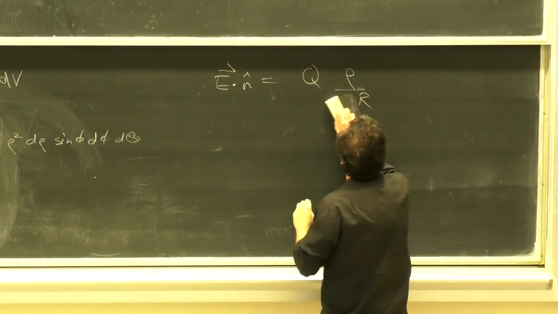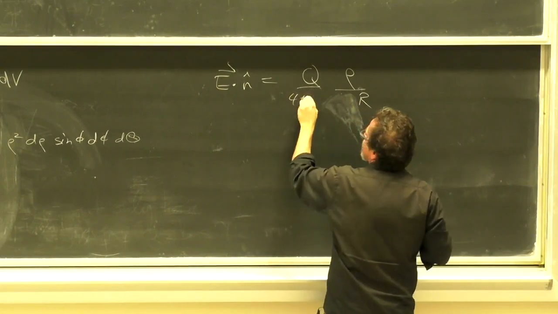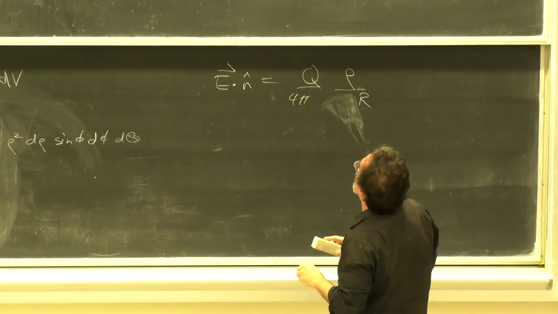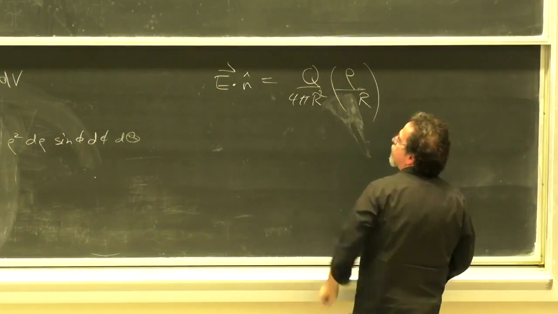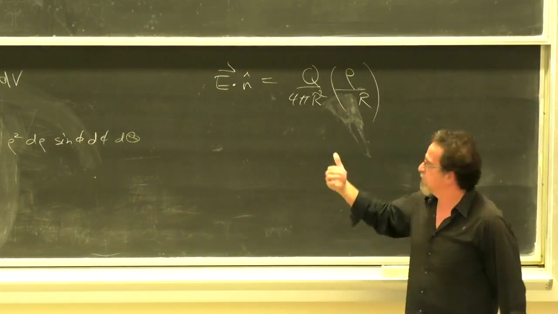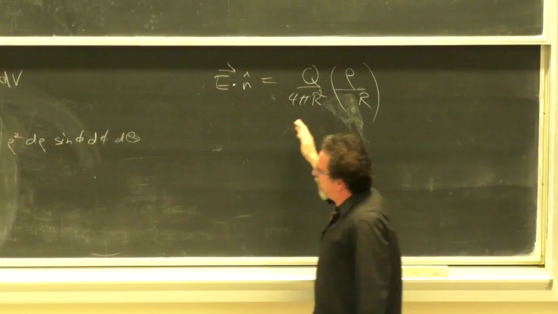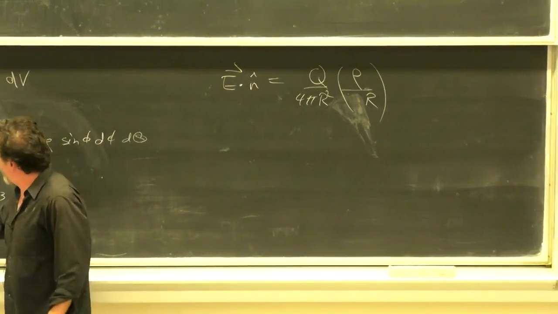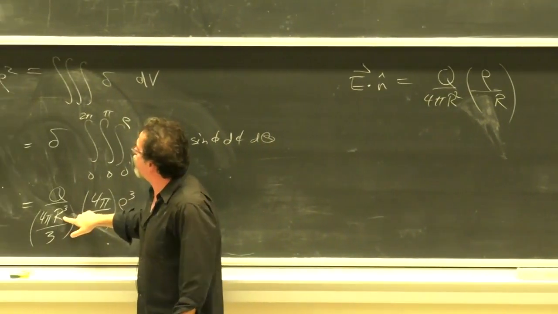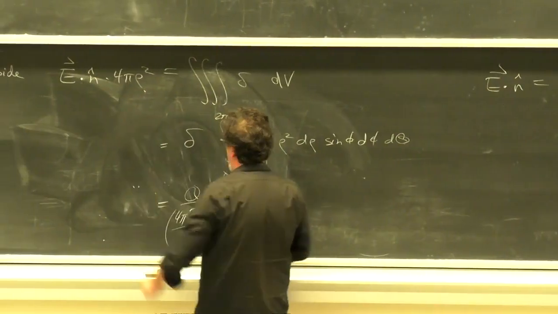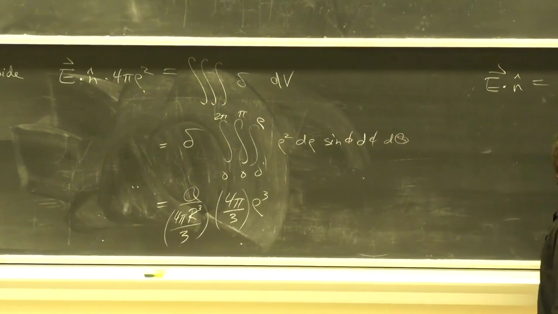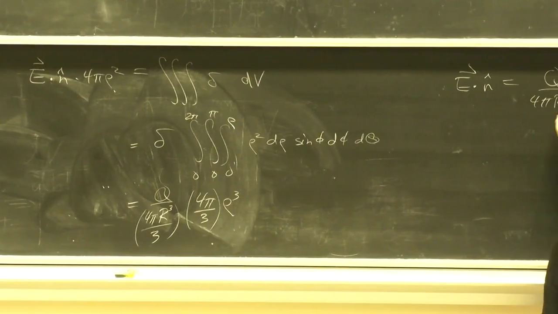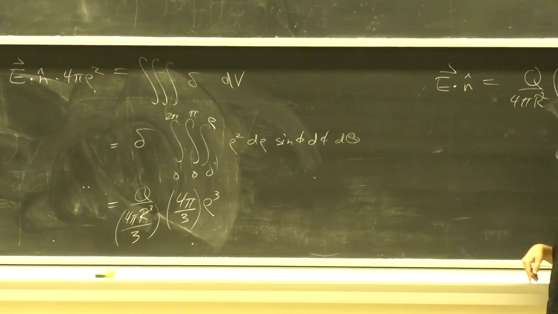Sorry, I want to put my 4 pi's in the right place. And then we have an r squared over here. There you go. All I did was cancel the 4 pi over 3, the 4 pi over 3. I got rho cubed over r cubed over 4 pi r squared. So rho cubed over rho squared is rho. I still get an r cubed, and I get the 4 pi. I just factored it out in a certain way.